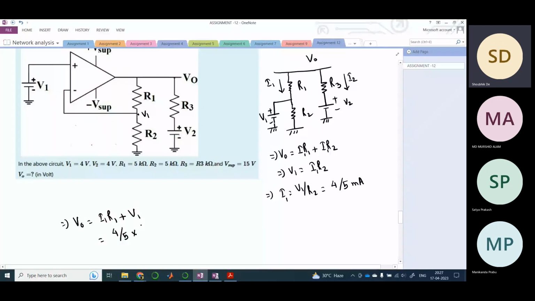And V1 is 4 volts. So this would get cancelled, and this would become equal to 8 volts. So you can find it using this path, and also through the other path. Both ways would yield the same answer.